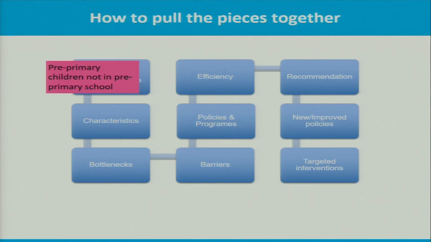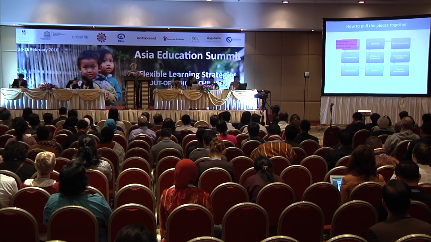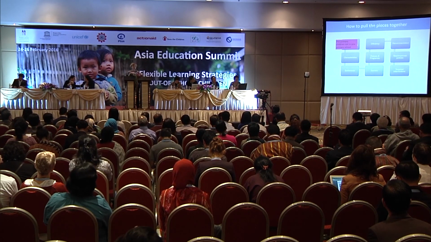I'm just going to give you very brief examples of how these different categories could look. The first one is we're looking at the profiles, or the dimension and the degree of exposure. So for example, we have pre-primary children who are not in pre-primary school.